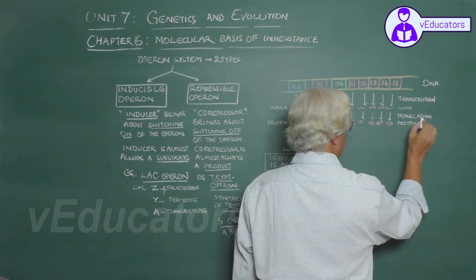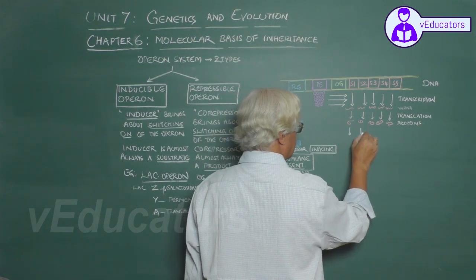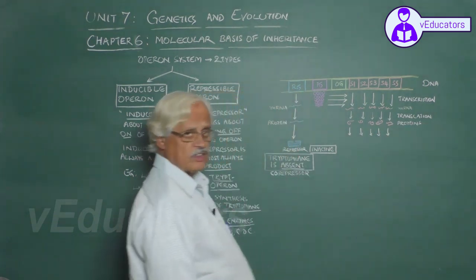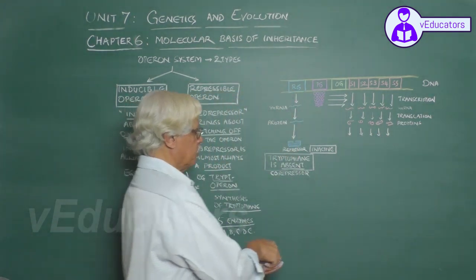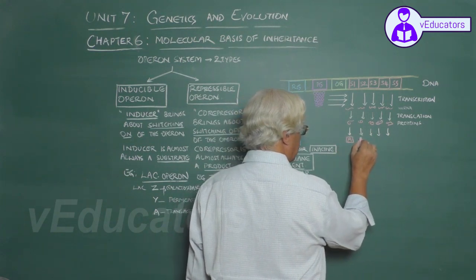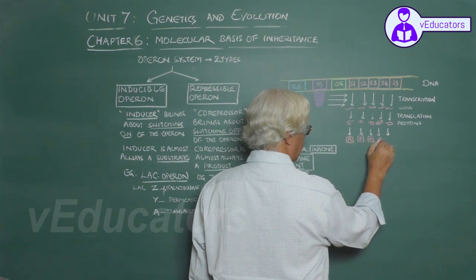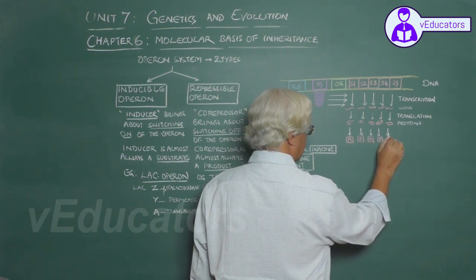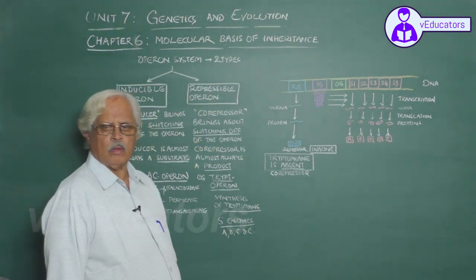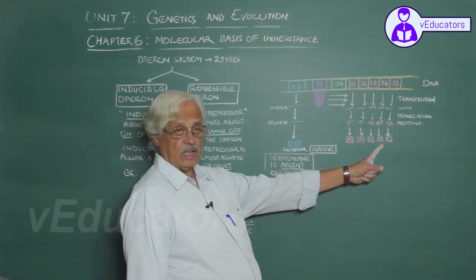And these protein molecules undergo the necessary changes to become the 5 enzyme molecules A, B, C, D and E. So all the 5 enzyme molecules are now available in the cell.